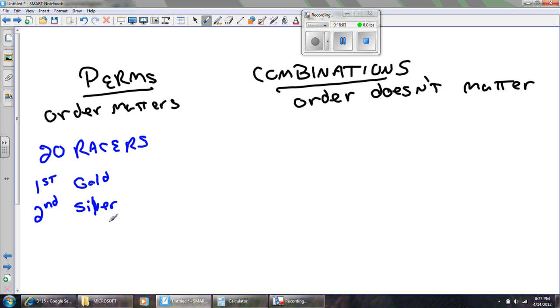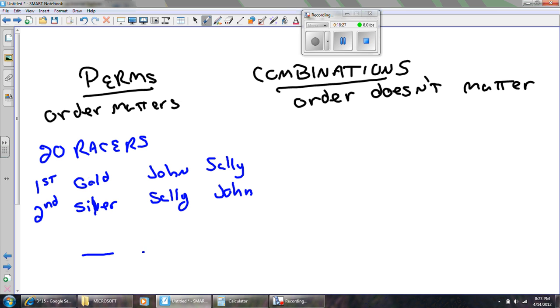And that is a perm because if John is in first and Sally is in second, that is not the same as Sally getting the gold and John getting the silver, right? That's not the same thing. So the order matters. So this is a perm. Now I'm worrying about two places.